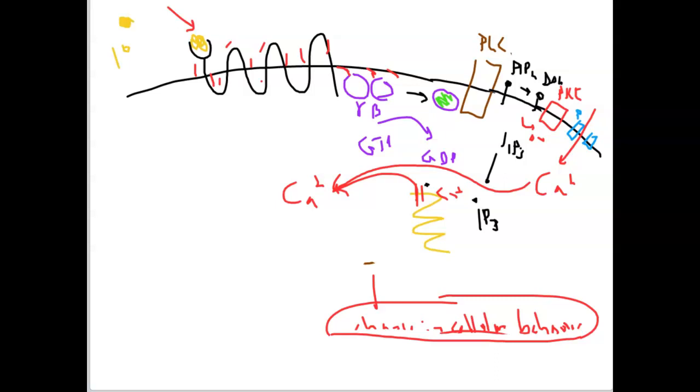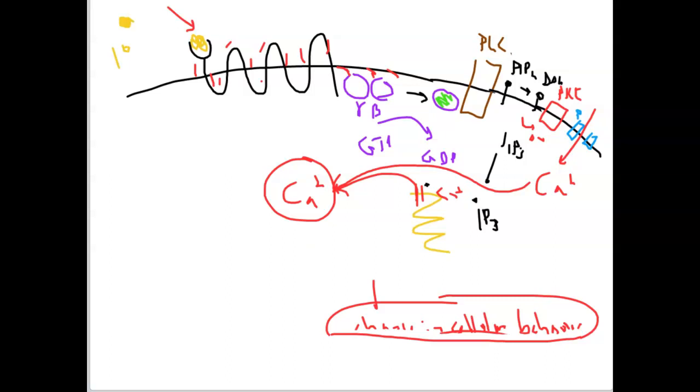So before we go any further on the signal cascade, let's kind of back it up a little bit. What we have at this point is a lot of calcium in the cell. And we're still not quite sure how we're going to get that change in cellular behavior that we know we need to end on, but we do know that we have lots of calcium in the cell. Why do we have lots of calcium in the cell?